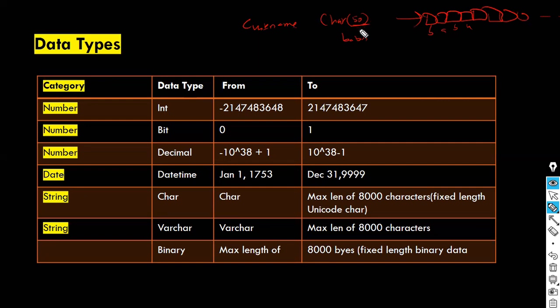Since you have used 50, whether it's a smaller or bigger name, it uses the entire thing. After the 4 letters, the rest of the cells will have blank values, but still it is reserved in the memory. So this remaining space cannot be used by any other variable or any other program. It's kind of a reserved one.